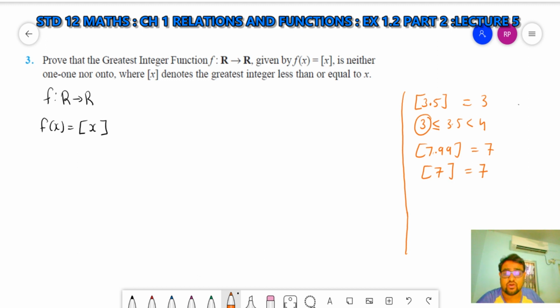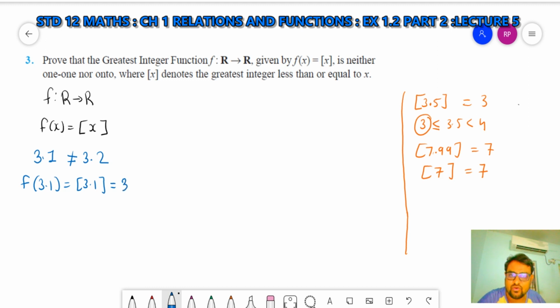That's good that you already knew it is not 1-1. You just have to prove it. So first for 1-1, when we have to prove not 1-1, what are we doing? We are finding an example, right? Now it's from R to R, so I will take two values like 3.1, which is not equal to 3.2, right? But what is f of 3.1? This will be equal to the greatest integer not greater than 3.1, which is 3.